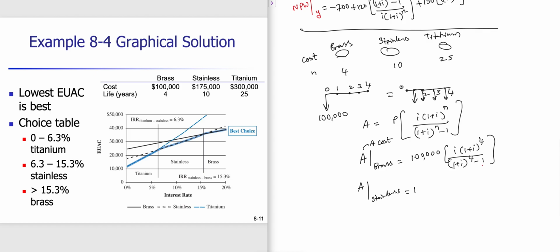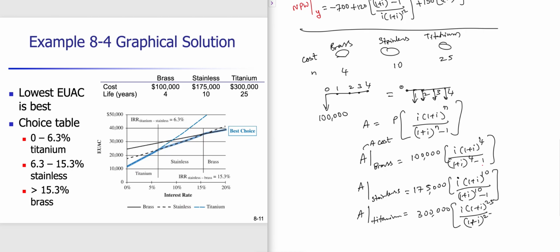It should be 175,000 times I times (1 plus I) to the power of 10 over (1 plus I) to the power of 10 minus 1. And annual cost for titanium would be 300,000 times I times (1 plus I) to the power of 25 over (1 plus I) to the power of 25 minus 1.